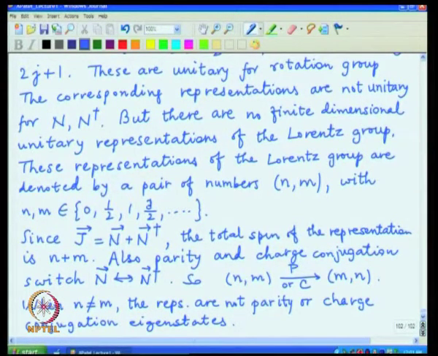So, this one I have to keep in mind, because there will be various theories where one uses different kinds of representations depending on whether parity is a good symmetry or charge conjugation is a good symmetry or not, and then one has to restrict oneself to appropriate states of fields which belong to specific representations.